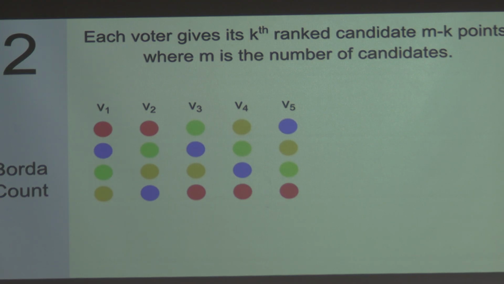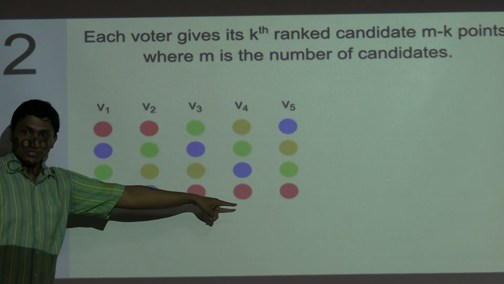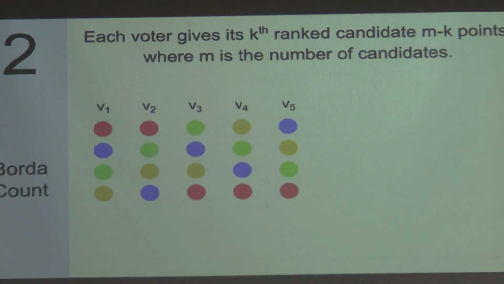Okay, all right. So who's the Borda winner here? Okay, so let's do it step by step. Okay, so let's look at red. What is its Borda score? 3 and 3 and 0, 6. 3 from here, 3 from here, nothing from here. So 6 points. Okay.